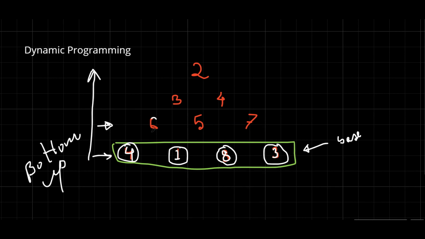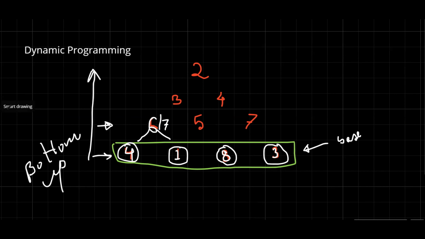The amount we have to pay to reach the last row from this 6 is the minimum of 6 plus 4 and 6 plus 1, which is the minimum of 10 and 7. So we pay a minimum of 7, which is 6 plus 1.